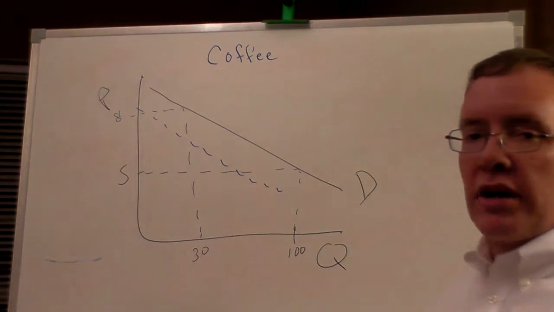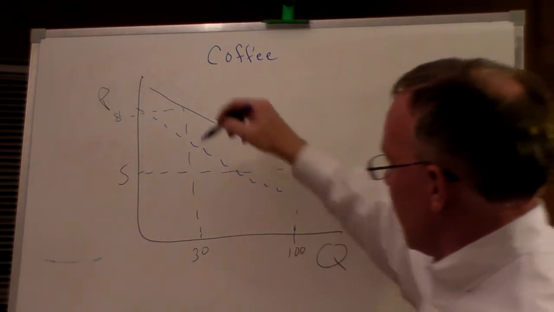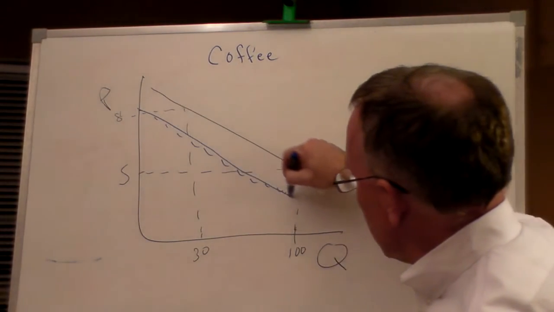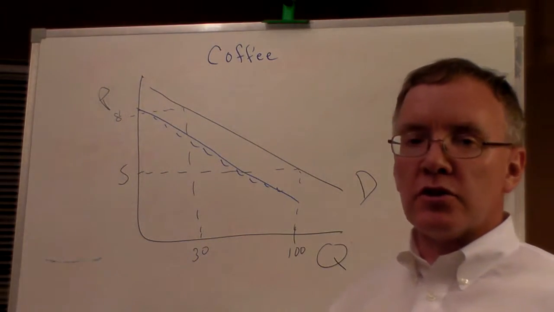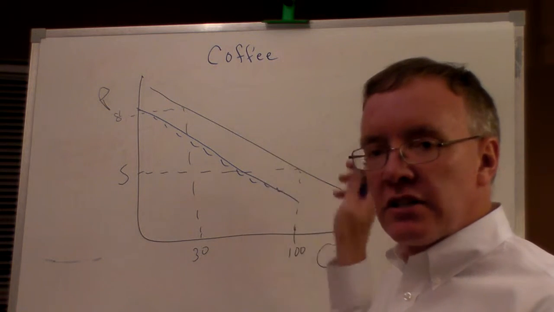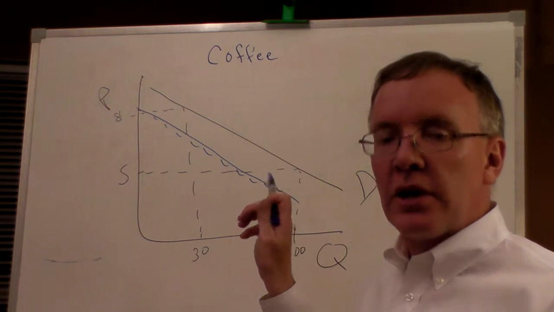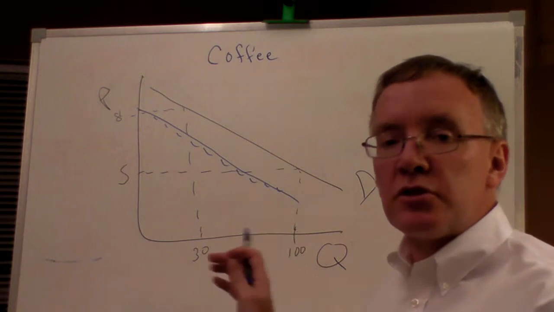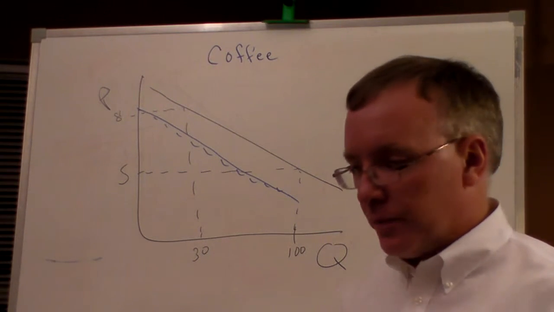At any given price of coffee, there would be less coffee bought, fewer consumers would be interested in buying coffee at any particular price, if the price of tea had fallen, because they would substitute from coffee toward tea.